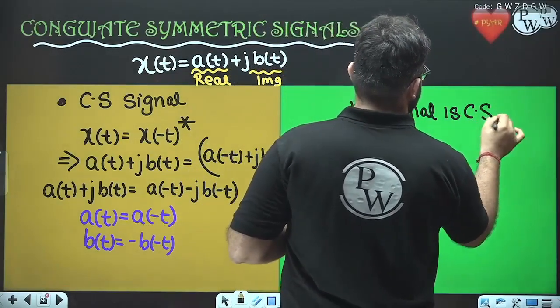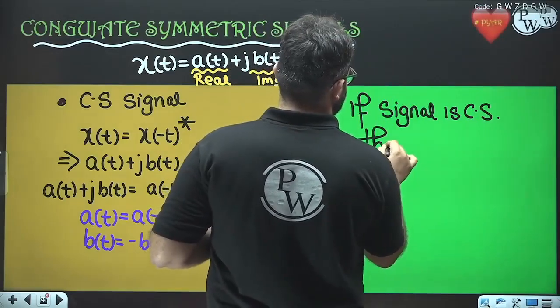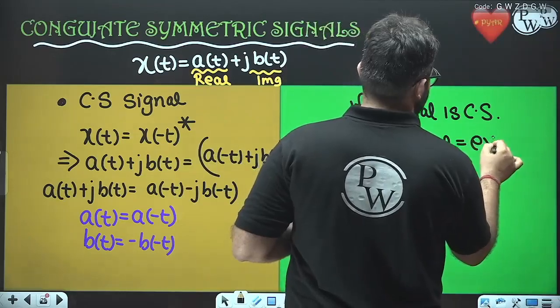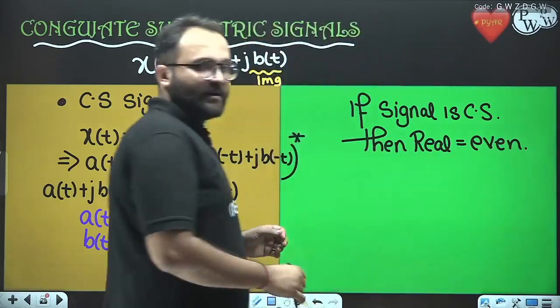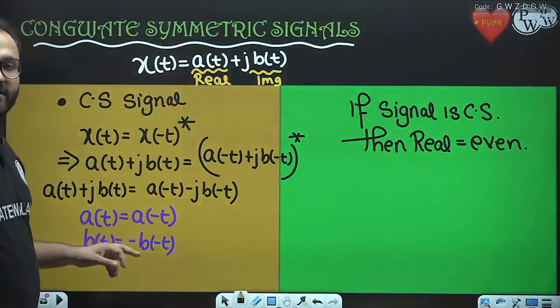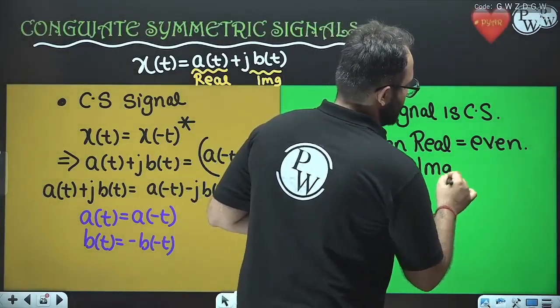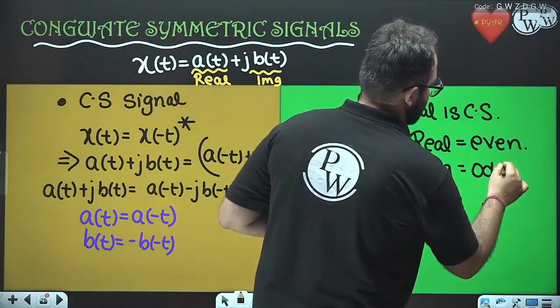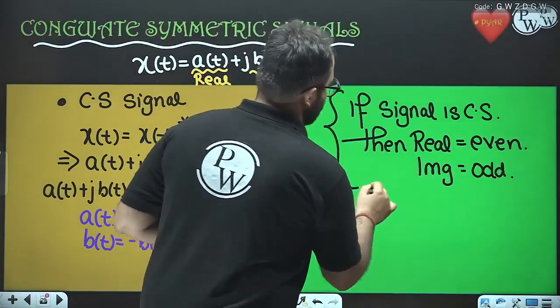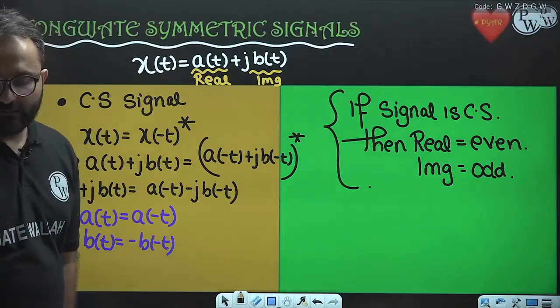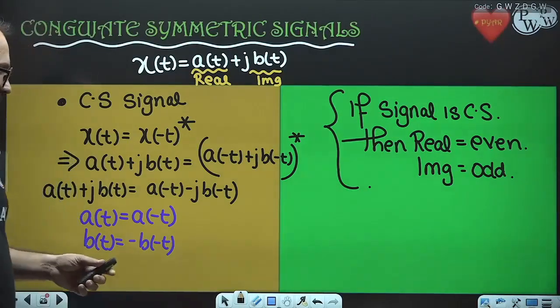Real part is even, but imaginary part is odd. Great. I hope all of you are able to recall this. This is a very important condition that you should remember.